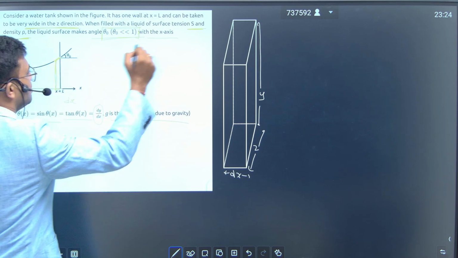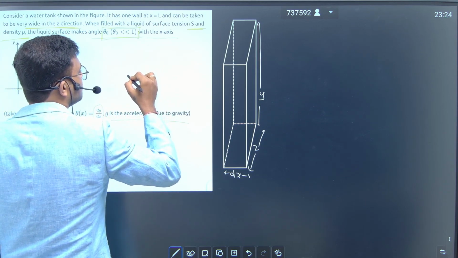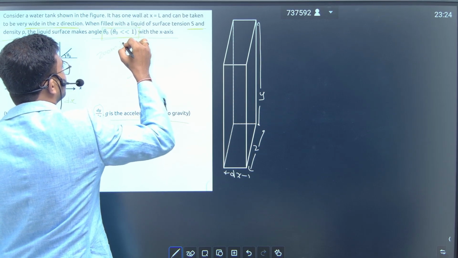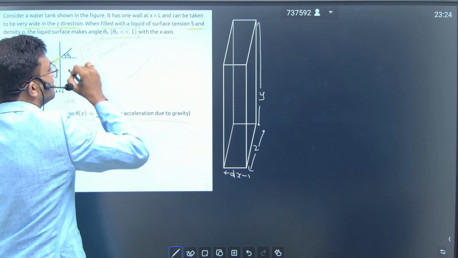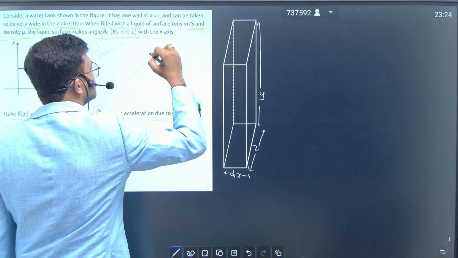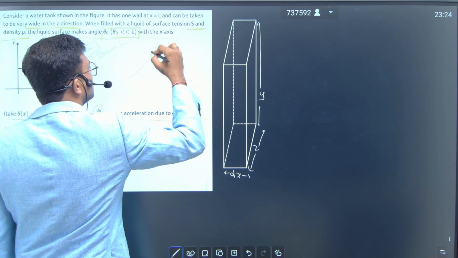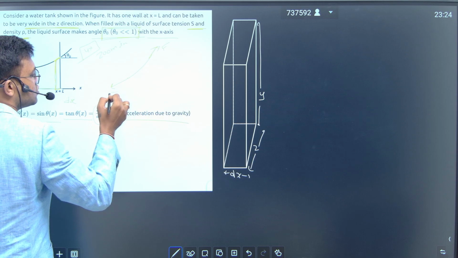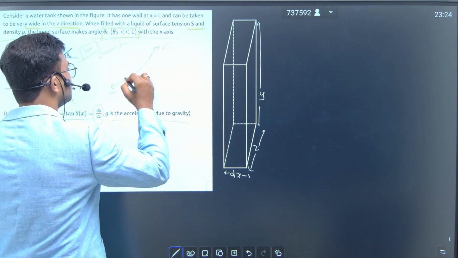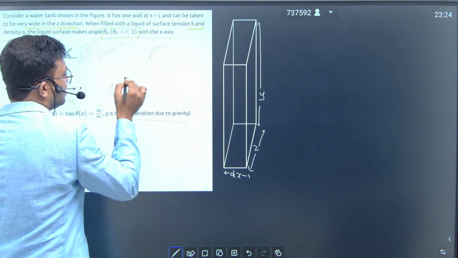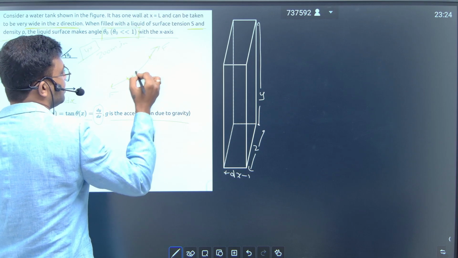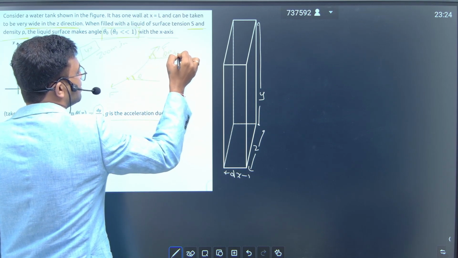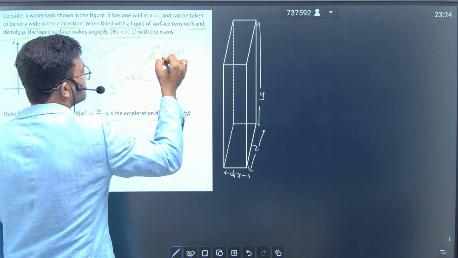This is the water level, and I am zooming in 4x. The force because of surface tension is F. On one side the angle will be theta, and on the other side the angle will be theta plus d theta. A very small angle has changed.